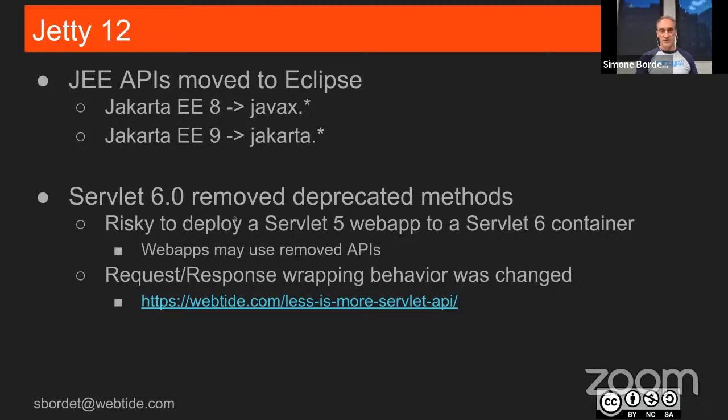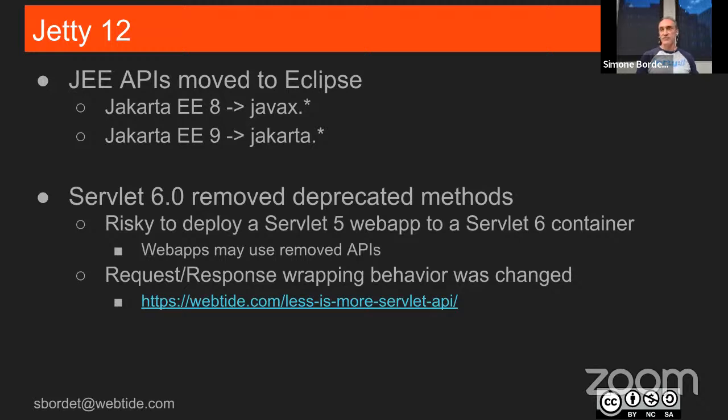Also, the other thing that changed is that with the introduction of Servlet 6.0 in Jakarta EE10, some of the methods that were deprecated for years and years, because the Servlet API was one of the first standards ever produced, I think back in the late 90s even, started being removed.